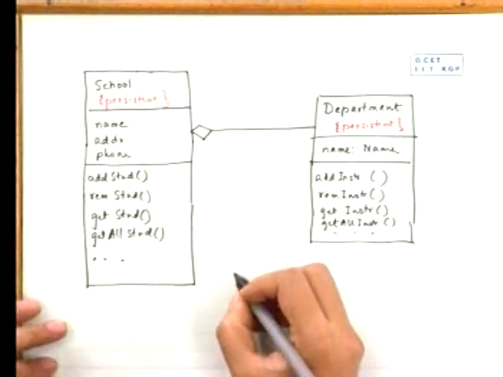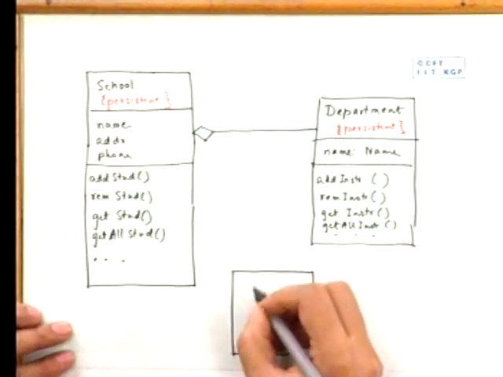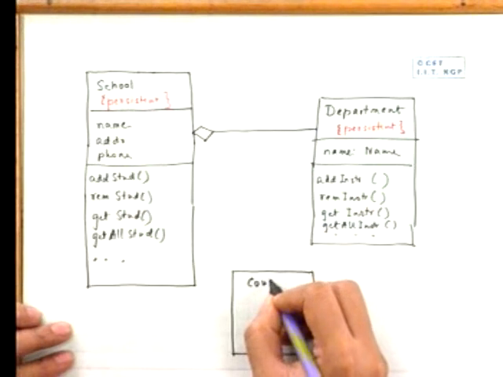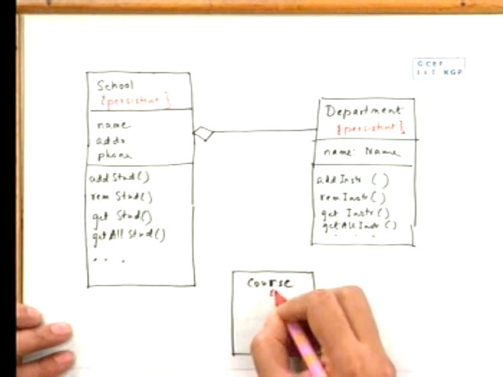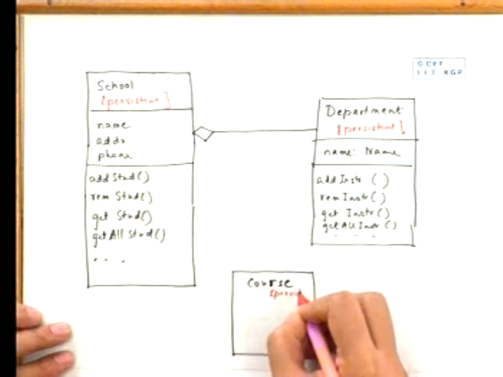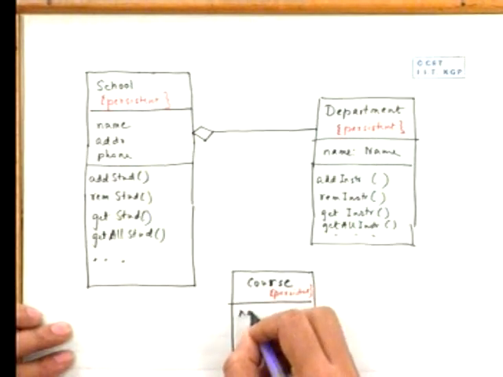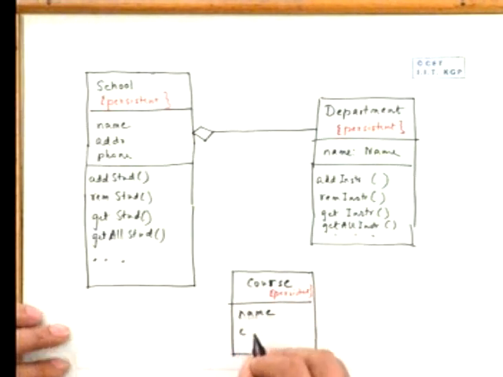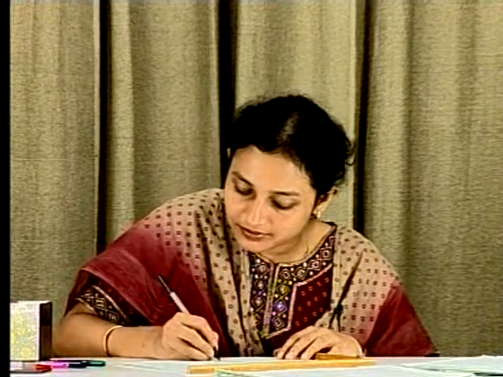One is the course and the other is the instructor. First, the class course. Course is also a persistent object. And the course has several attributes. Number one, the name, which is a string, and course ID, which is a number.